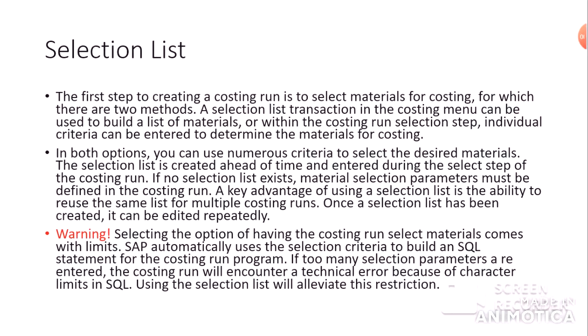Selecting the option of having the costing run select materials comes with limits. SAP automatically uses the selection criteria to build an SQL statement for the costing run program. If too many selection parameters are entered, the costing run will encounter a technical error because of character limits in SQL. Using the selection list will alleviate this restriction.